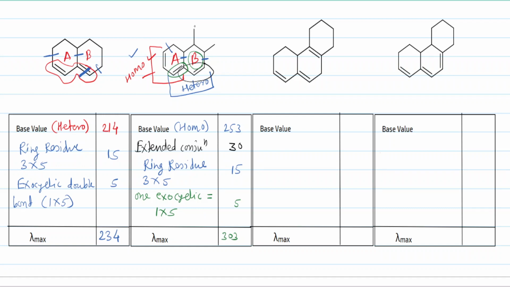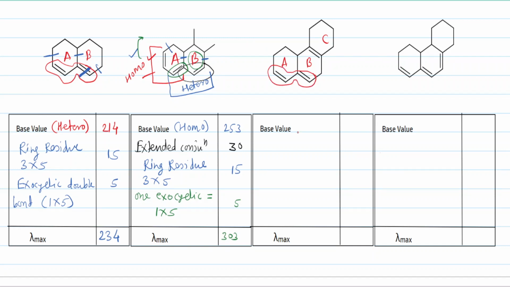From this example, it is clear that when there is a presence of a heteroannular diene and a homoannular diene in one example, then we have to choose the homoannular diene as the parent diene. Then the next example has three rings A, B, and C. In this case, this is the diene system.